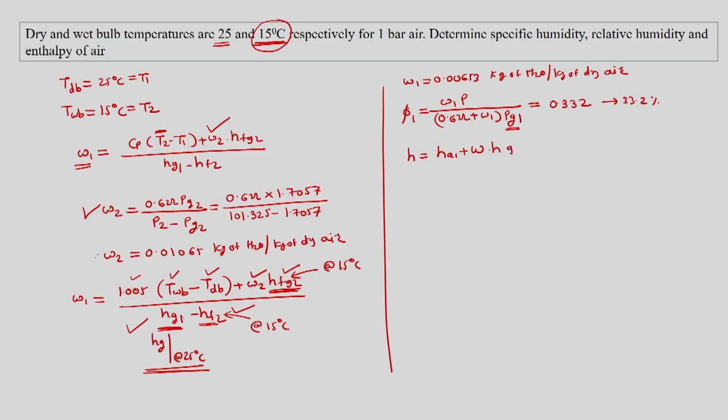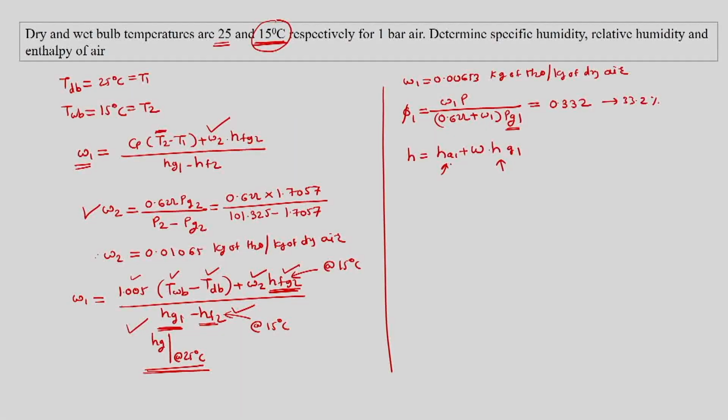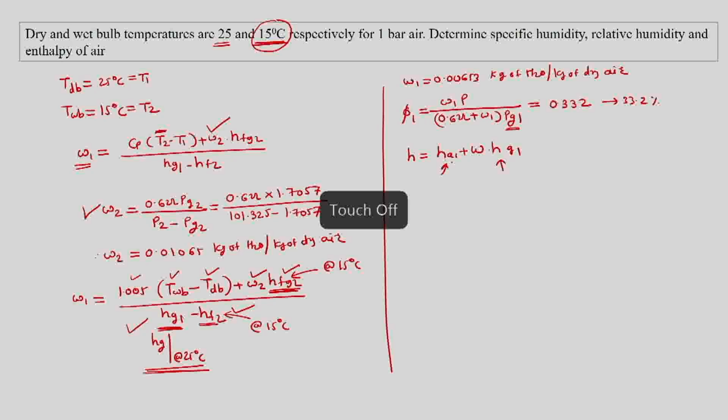Now we can find out enthalpy of the mixture per unit mass of dry air as Ha1 plus omega into Hg1. So here again Hg1 is the saturation enthalpy of vapor at 25 degrees Celsius. This is Cp into T. So Cp, specific heat, is 1.005 kilojoule per kg degree Celsius, and the temperature is 25 degrees Celsius. So Cp into T for the air is known.